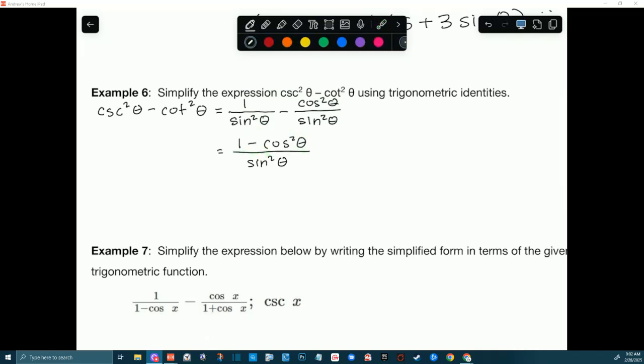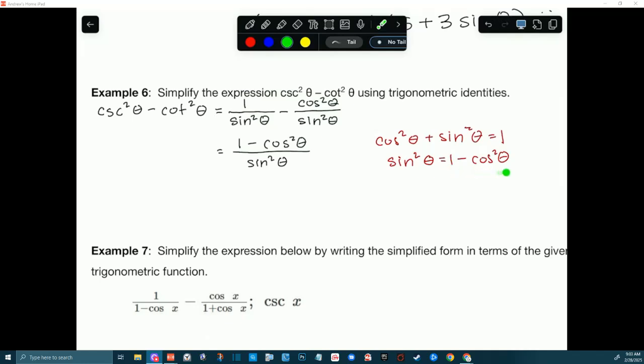We know that off to the side here, cos squared theta plus sine squared theta is equal to 1. If I got sine squared by itself, I would subtract cos squared from both sides. I would get sine squared theta is 1 minus cos squared theta. So I can do this substitution.